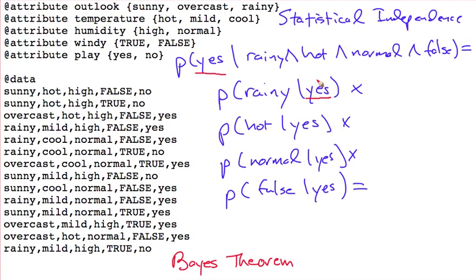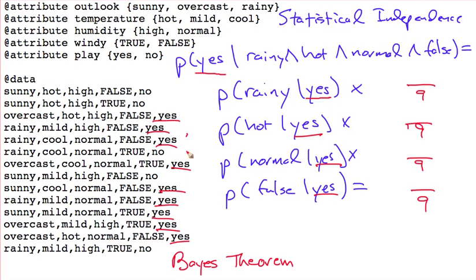Because what we saw in the previous slides is that we can calculate all these conditional probabilities. So given the fact that play is yes, we're dealing with only 9 of the 14 instances. So the way we're going to calculate these likelihoods, they're all going to be fractions divided by 9, because they're all given that play is equal to yes.